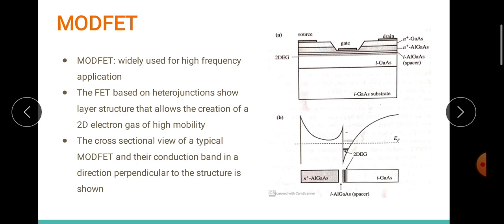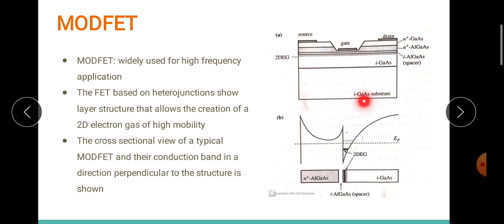And they are a very good example of devices whose performance is based on the quantum behavior of electrons. Because these electrons are in fact localized in a nanometric potential well in the gallium arsenide region, which is smaller than the electrons' de Broglie wavelength. So this is an excellent example for the performance based on quantum behavior of electrons.